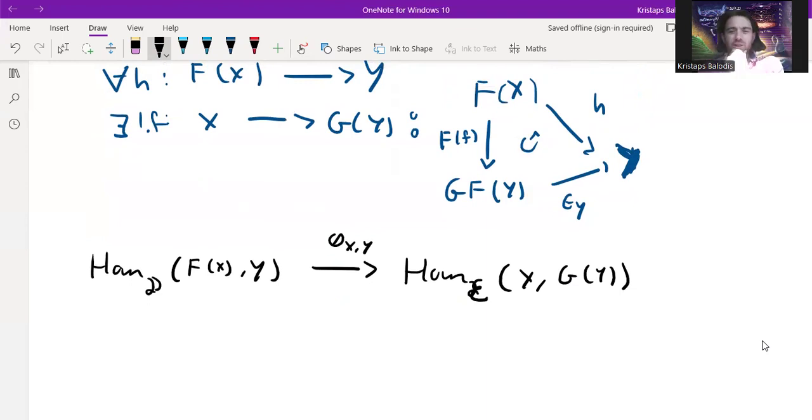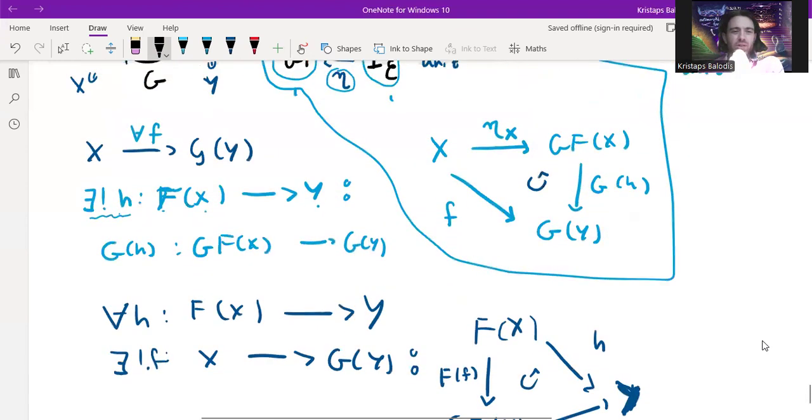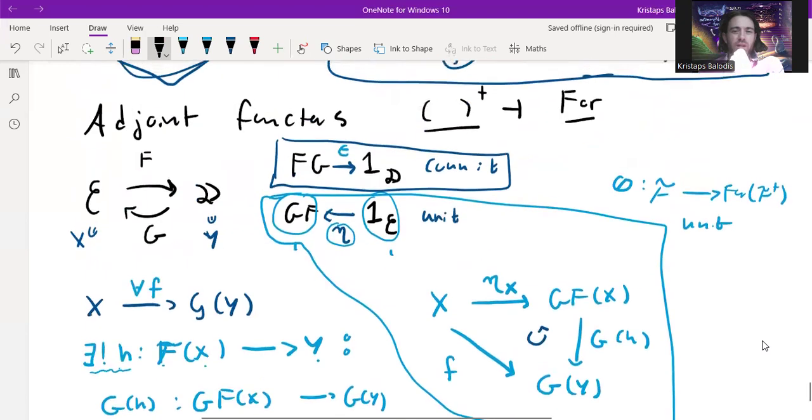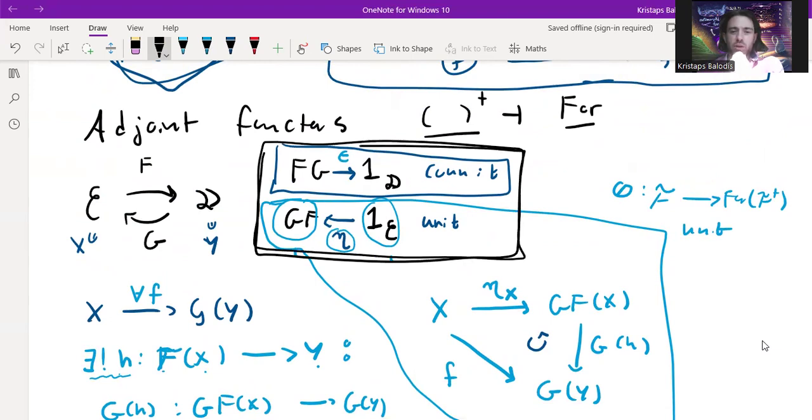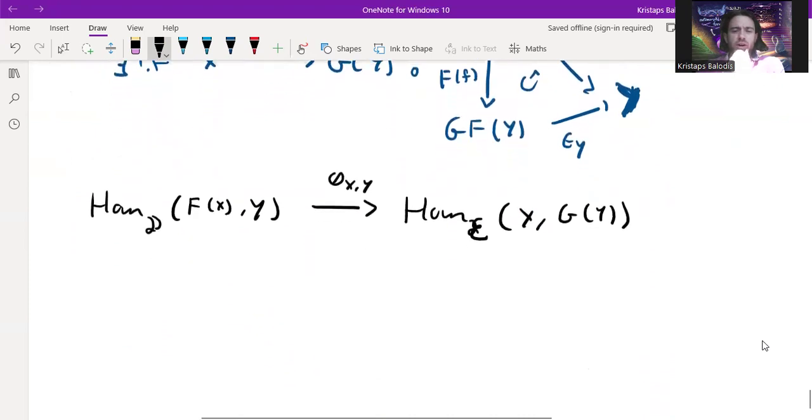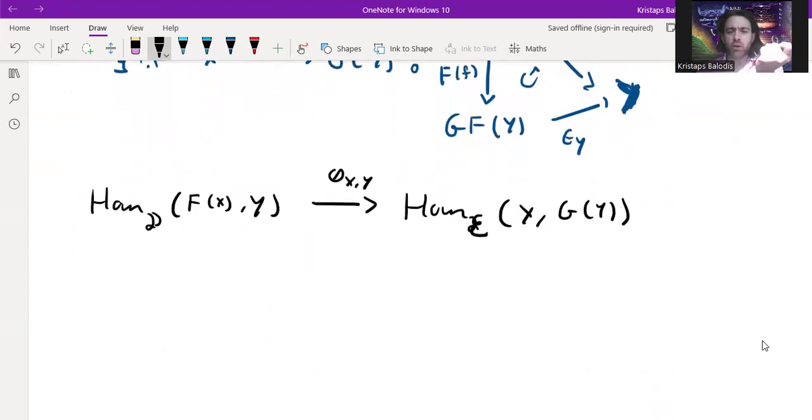Up here, the way we formulated it was that we had the existence of this unit and co-unit, right? So these things should be natural transformations of functors. And we've got a whole bunch of functors going on here, right? We have Hom-functors. I don't know to what extent I've explained that, so maybe I need to talk about Hom-functors a little bit. I'll do that in a moment.